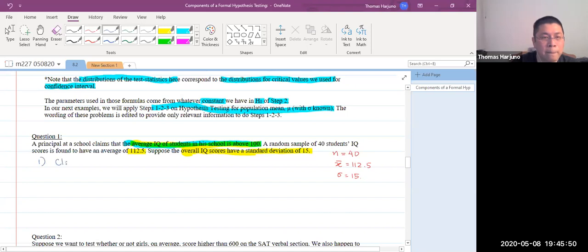Claim: the average IQ of students in that principal's school, to be more precise, is above 100.